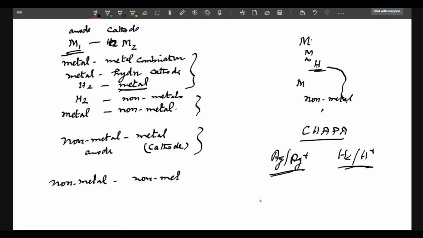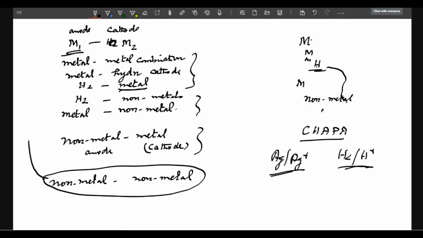You can take iodine and bromine, iodine and chlorine, iodine and fluorine, non-metal and non-metal. These are the possible 7 possibilities. No question has been asked so far, and now I am going to give that question, and then I will give the answer for this.